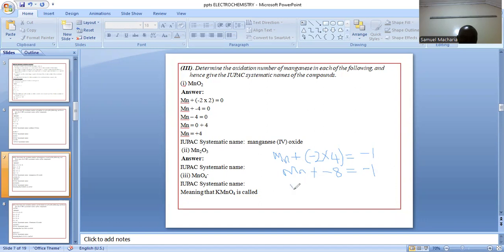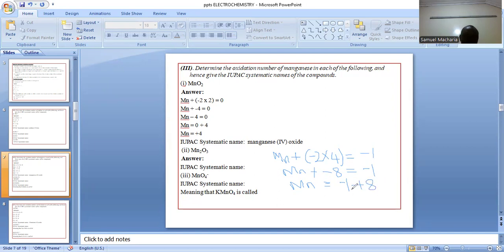So you're going to have Mn equals -1 plus 8.